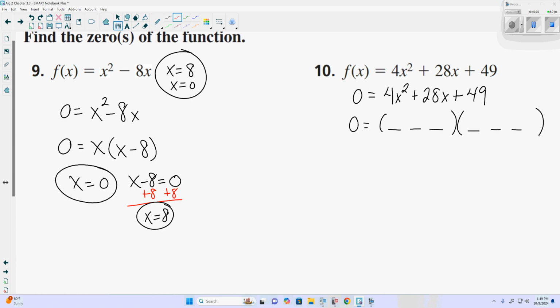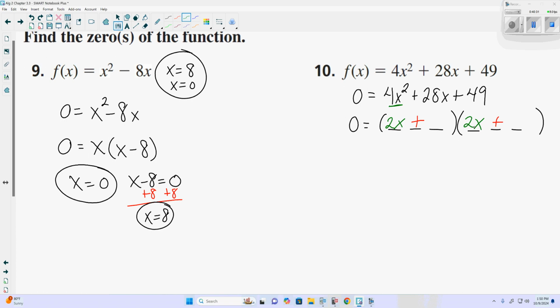Since the third term is positive, the signs are the same and they match the sign of the middle term. So we'd have plus and plus. Now we need to find the factors of 4x squared. Well, x squared would be x and x. Factors of 4 are 1 and 4 or 2 and 2. Okay, right now it is 2 and 2.